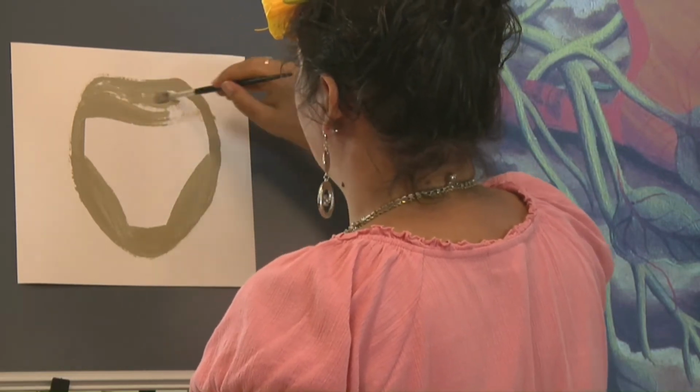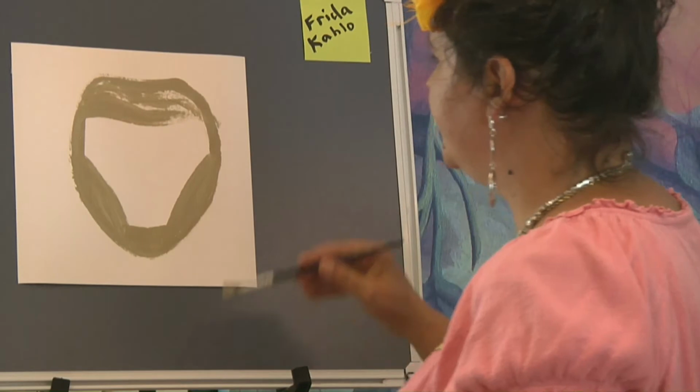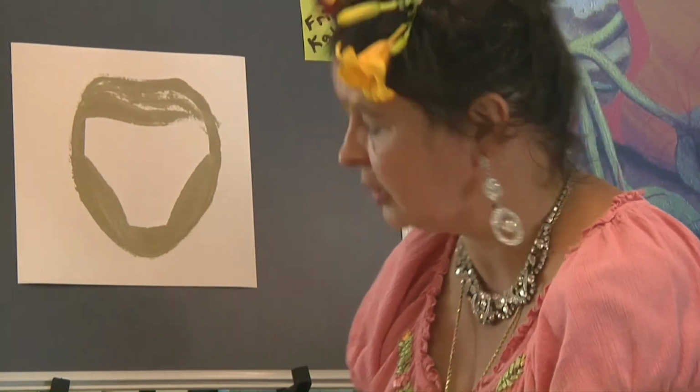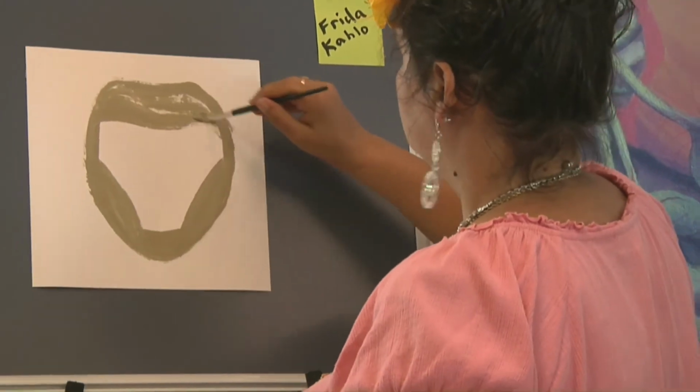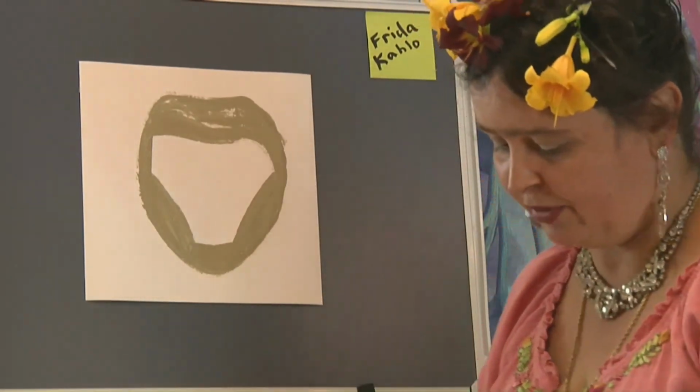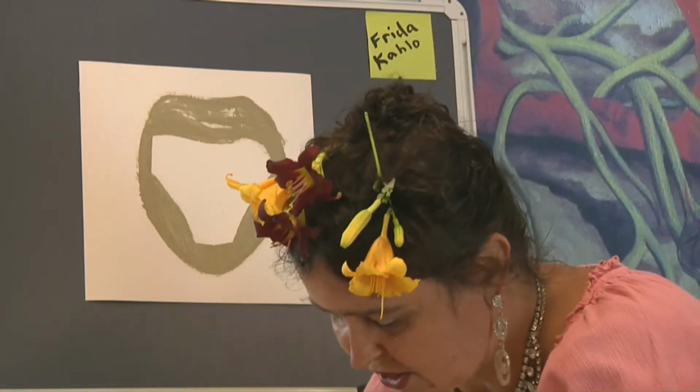And I'm making the forehead. So you start with an oval. And as you can see, I have olive skin, so I put a little bit of a green tinge to it.